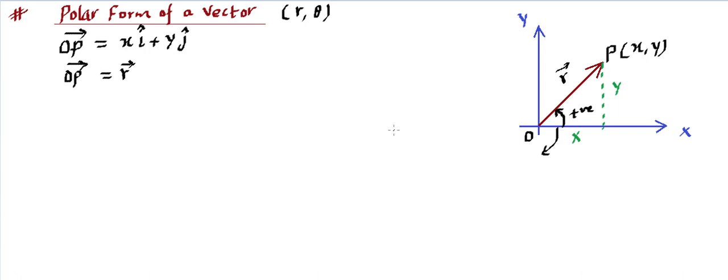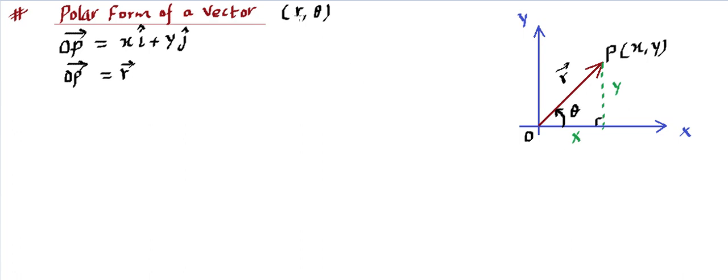Okay, so here I have drawn the positive case, so this is theta, which is positive. It is always measured from the positive x direction, and if it is positive, then it is in anti-clockwise sense. If it is negative, that means it is in clockwise sense. Now you can see there is a right angle triangle. Using this right angle triangle, we can find x and y in terms of r and theta.